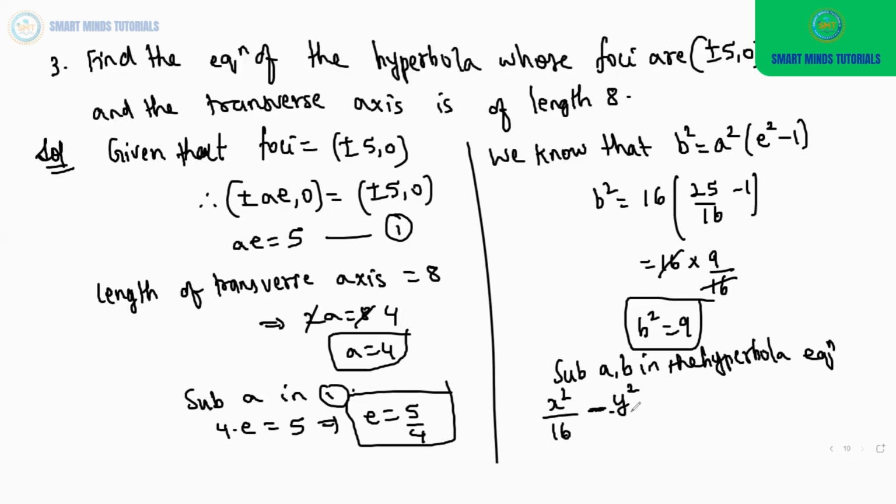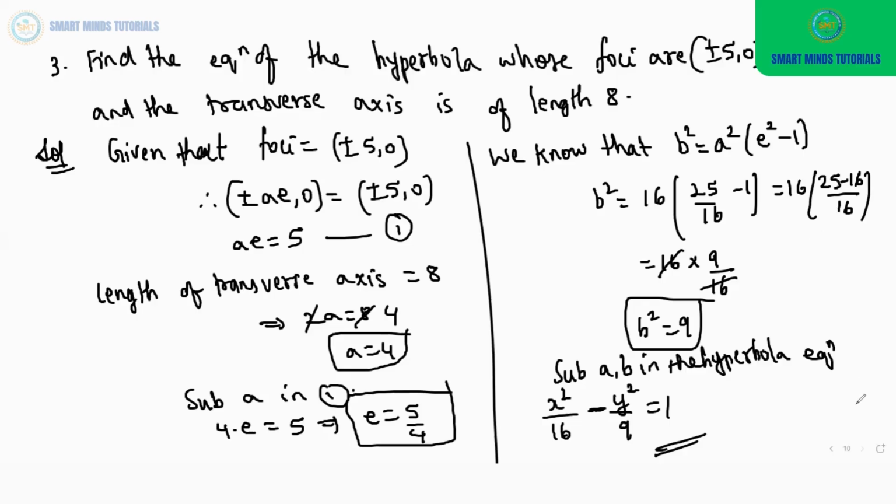Okay, y square by 9 is equal to 1. In hyperbola, you get minus. In ellipse, you get plus. Don't get confused. In ellipse, don't put minus, and in hyperbola, don't put plus. Otherwise, both ellipse and hyperbola, everything will go wrong.